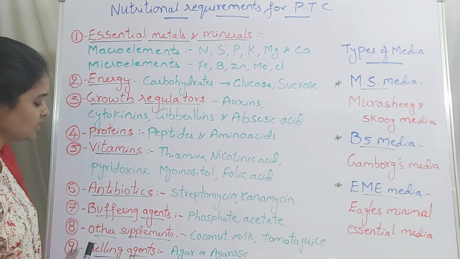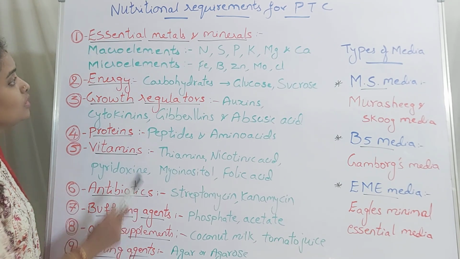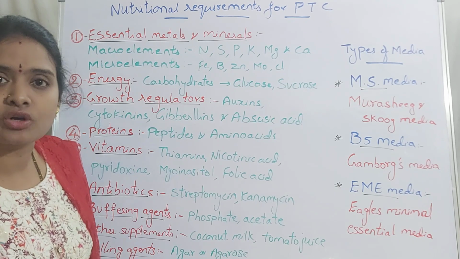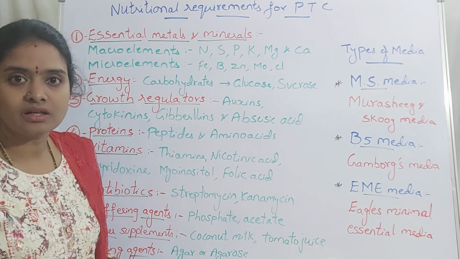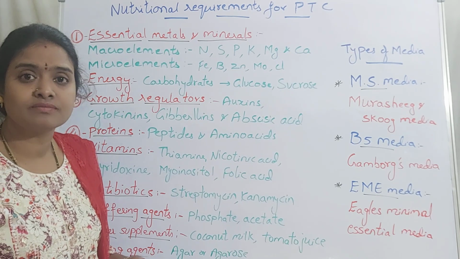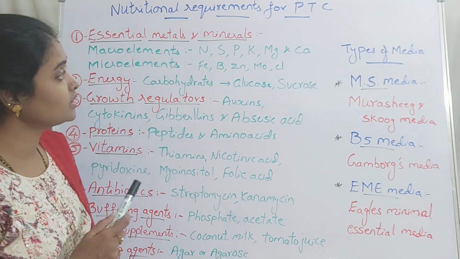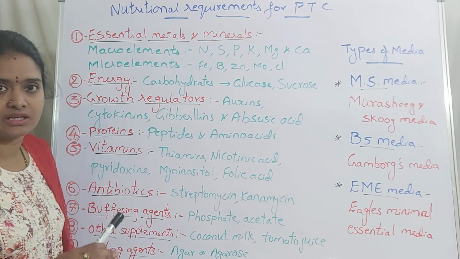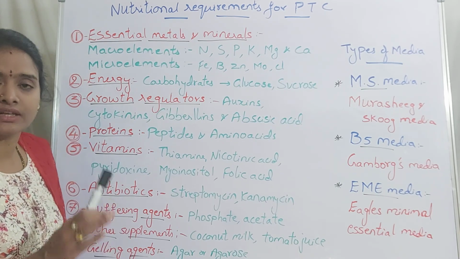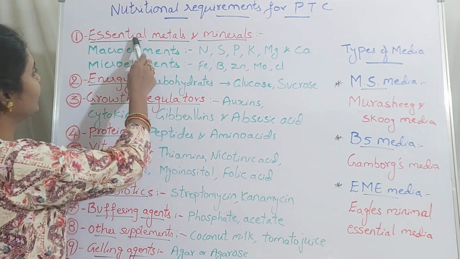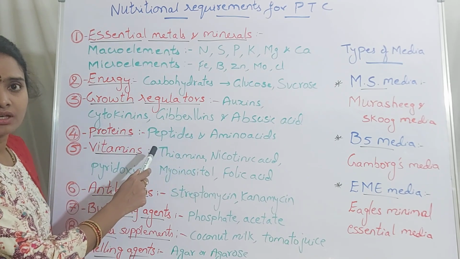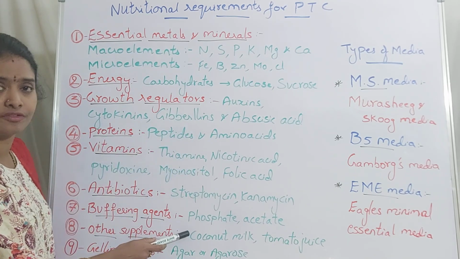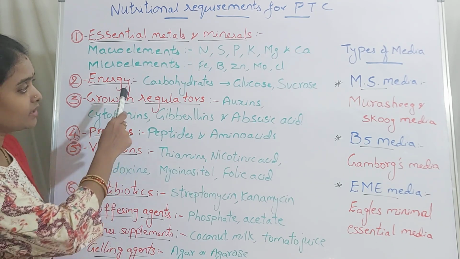Then you have the gelling agents. In the last class we discussed semi-solid media and also liquid media, right? Liquid media is also referred to as suspension cultures. So if it is a suspension culture, you want a liquid media, then you will be adding all the basic components with the supplements, right? It can be defined or undefined media. You are adding everything.